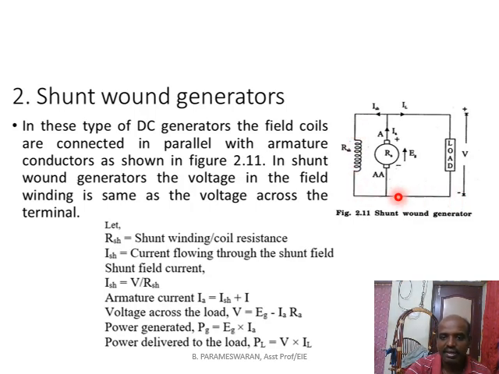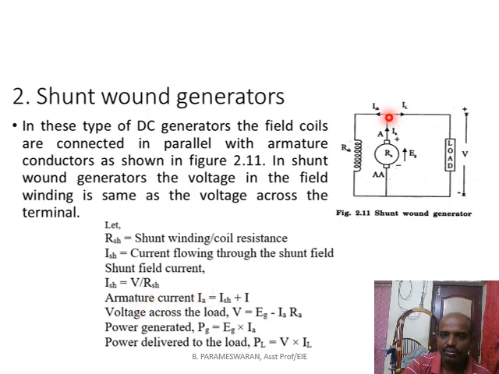As we all know, in a parallel connected circuit the voltages are equal. Here the terminal voltage will be V and the current flowing through the field winding will be Ish. According to Ohm's law, V equals I into R, so I equals V divided by R. So we write Ish equal to V divided by Rsh.